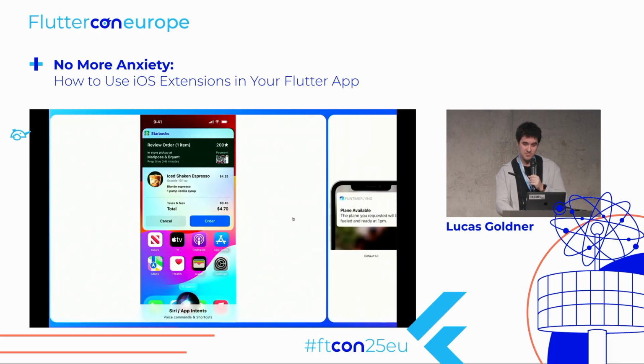Then there's the app intents extension, which I actually showcased on my first slide when I said, "Hey Siri, start this presentation." So this is an intent that can be run inside of your app, similar to the action extension. And this can then be triggered from Siri, or also be used inside of the Shortcuts app.